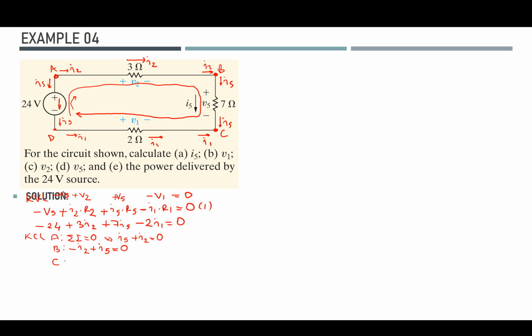And at circuit node C, minus I5 minus I1 should be 0. And at circuit node D, minus I source plus I1 should be 0.